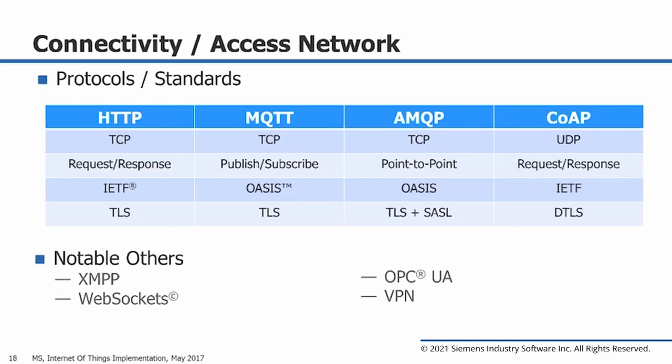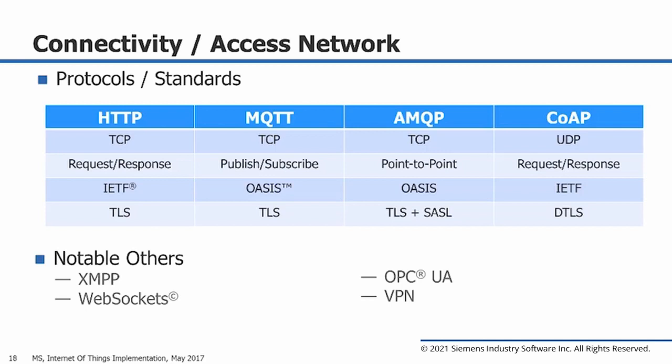Now, the top four protocols to provide connectivity from device to cloud are HTTP, MQTT, AMQP, and CoAP. HTTP is a well-known application level protocol that's widely available and supported on the internet, but it's not much suited for IoT use cases due to its need for compute resources, reliability concerns, and performance issues.